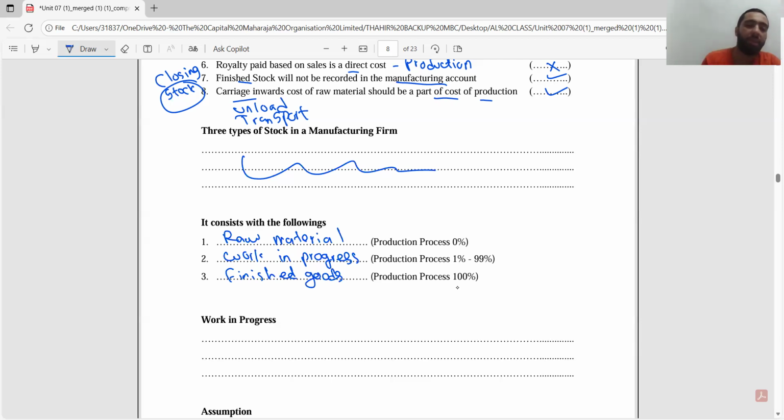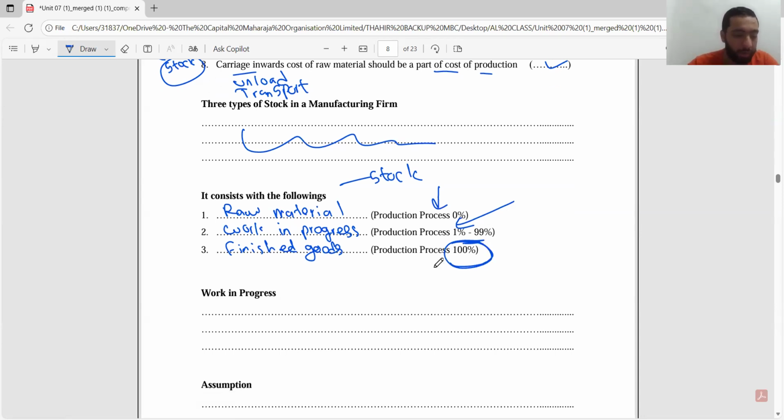Right? So these are the 3 types of stocks. Raw material කියලා කියන්නේ තාම process එකේ දාලම නැහැ. Work in progress කියලා කියන්නේ process එකේ පොඩ්ඩක් දාලා තිනවා within this range. Finished goods කියන 100% complete. Right? Very simple, huh?